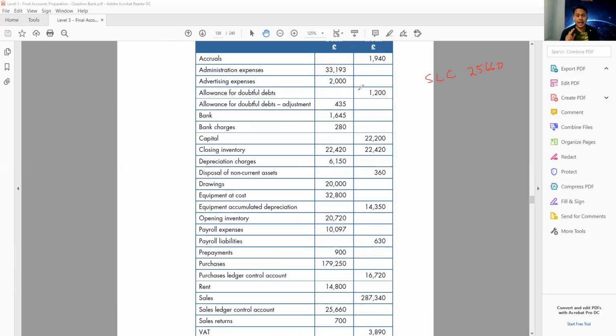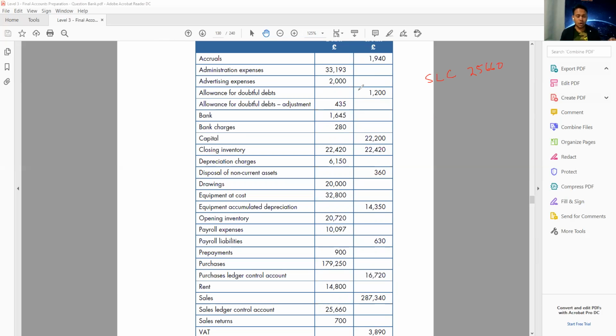Remember that allowance for doubtful debt and allowance for doubtful debt adjustment is not the same thing. Adjustment means when you have to increase it or decrease it. For example, you have decided for this year your trade receivables allowance will be 1,000. But for some reason, you think no, it will be more this year.